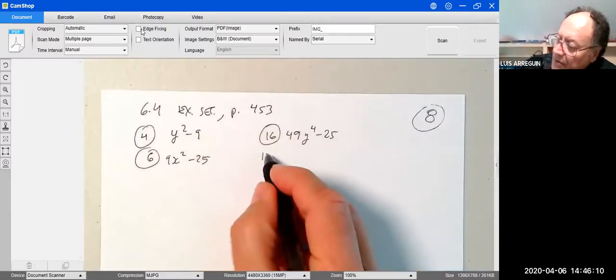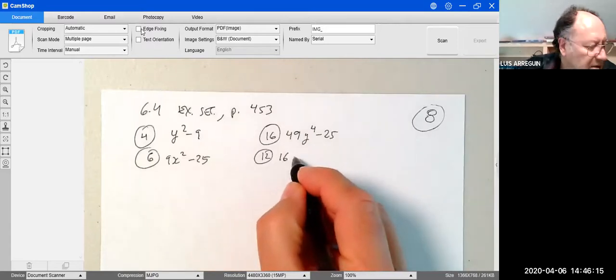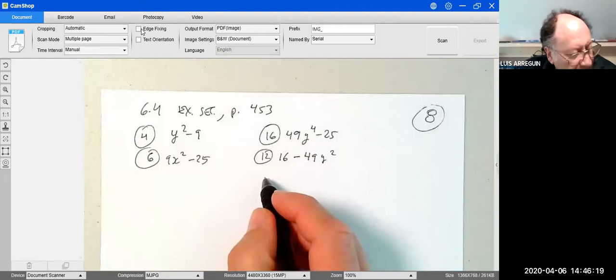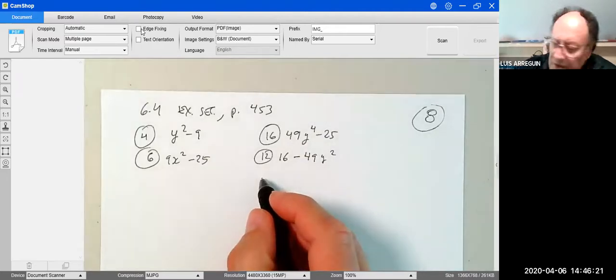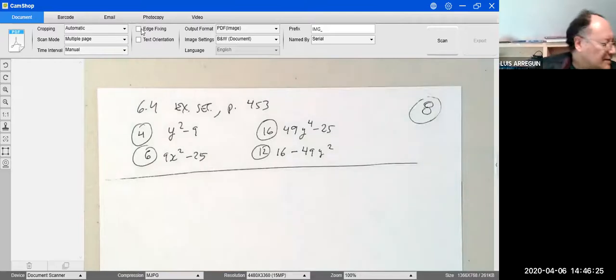Problem 12 is 16 minus 49y squared, and finally, I think those are sufficient, only 4 problems, no more than that. So you're going to solve those problems. I'm going to give you a couple of minutes to solve those problems. In the meantime, I'm going to stop the recording.